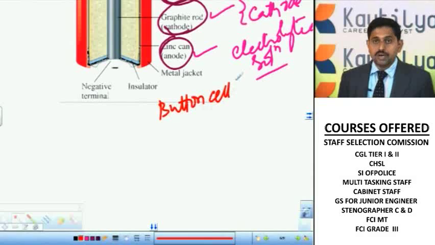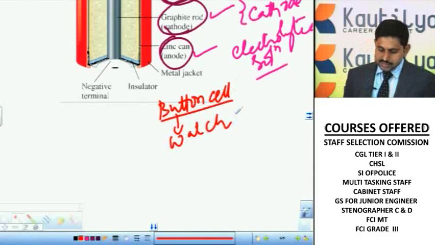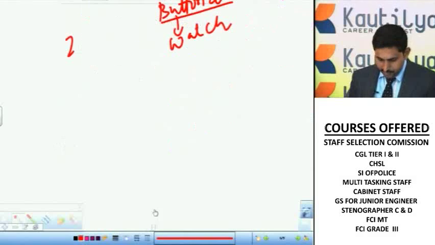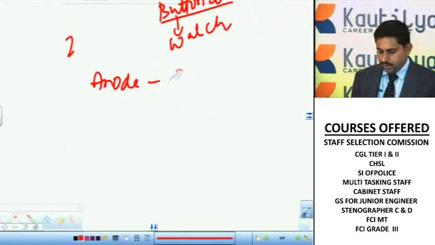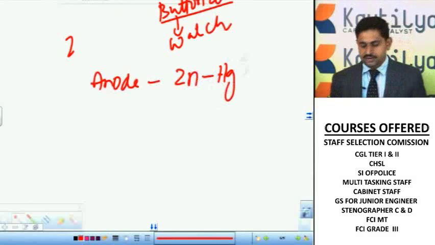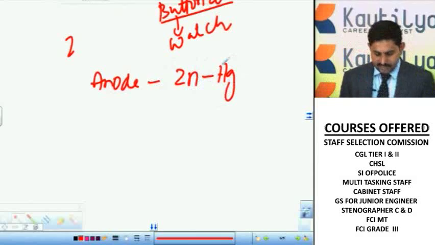Button cells are used in wristwatches, or you can use them in some toys also. The button cell consists of an anode in the form of zinc amalgam. Mercury alloy is called an amalgam. A mixture of zinc with mercury is called zinc amalgam, and it acts as an anode.